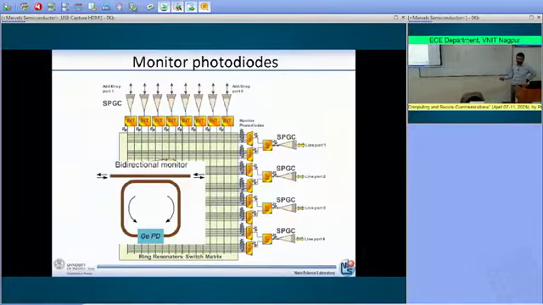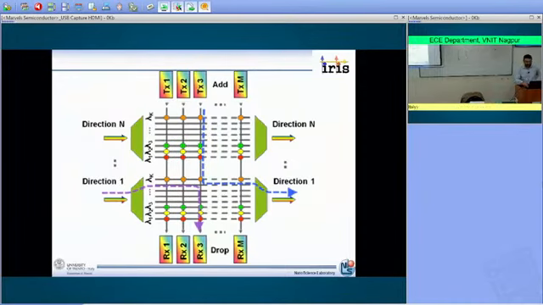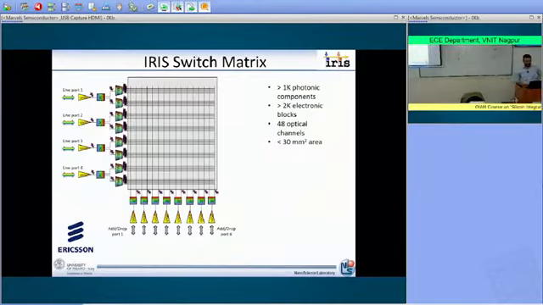And you do that by integrating heterogeneously integrated germanium. This is something that I have already shown you yesterday. So then all the different functions can be realized. Now you can build your switch matrix, which has more than 1,000 components.